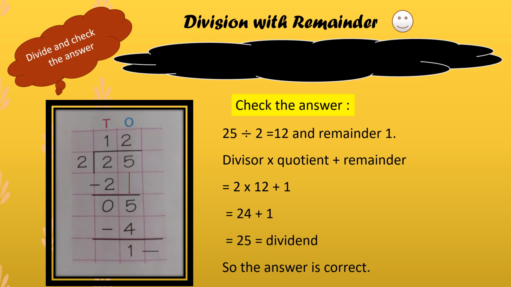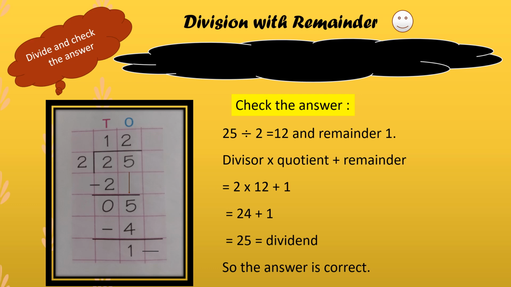So we cannot subtract 6 from 5, because always a smaller number can be subtracted from a greater number, isn't it? Yes. So we cannot go with 2 threes are 6. We'll go with 2 twos are 4. So 2 we will write at the quotient's place, and 4 we will write just below the number 5 which we have taken down. And now again we will subtract.